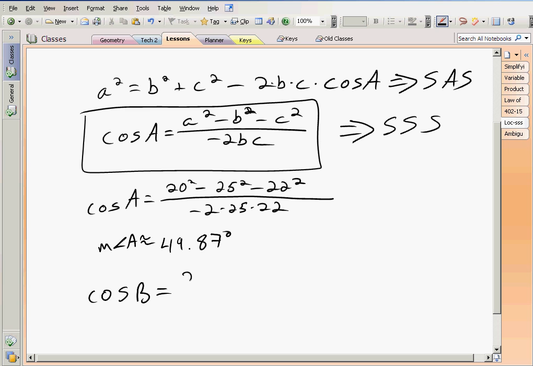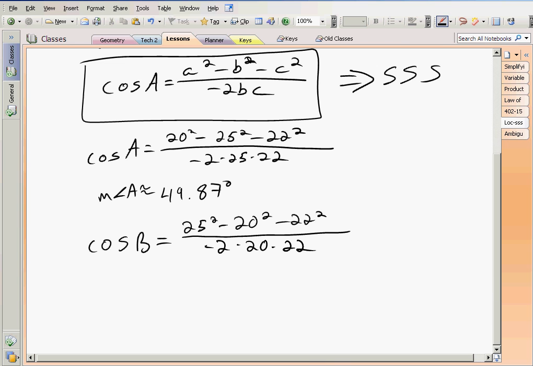So for B, I'm going to make sure 25 squared is first, minus 20 squared, minus 22 squared, divided by negative 20. Fix that. It should be negative 2 times 20 times 22. So that's what's going to go in the calculator. 25 squared minus 20 squared minus 22 squared.